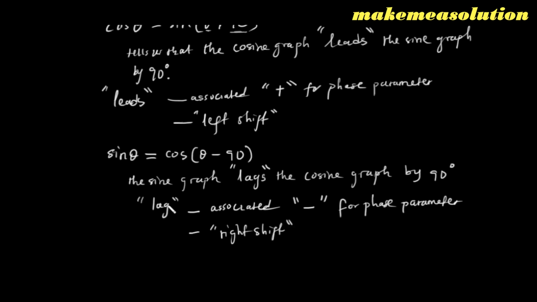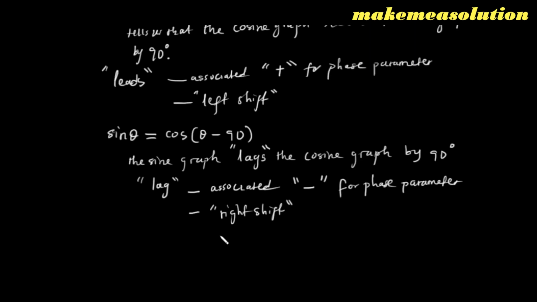So right shift is for lag. It looks confusing. Isn't right shift supposed to have a plus sign, and isn't left shift supposed to have a minus sign? No, it's actually the other way around. Lag is associated with a minus sign and lag is right shift, while lead is associated with a plus sign and lead is left shift.